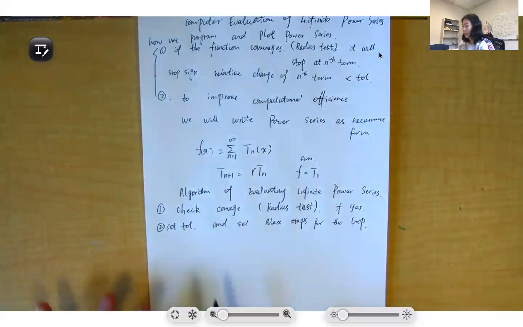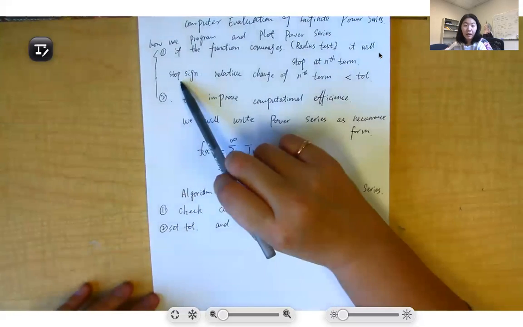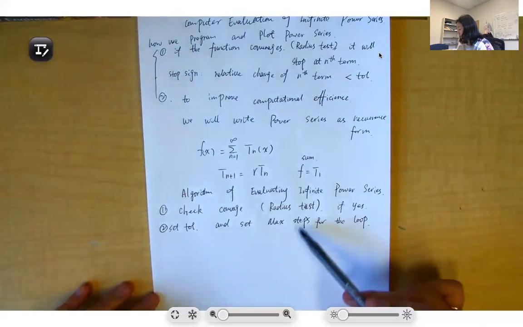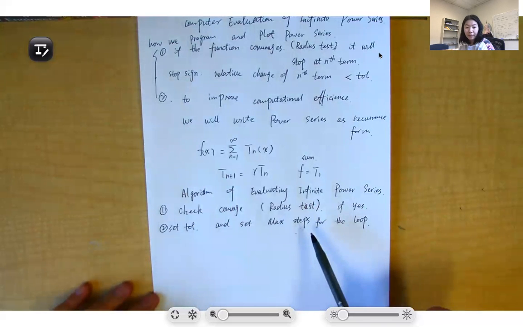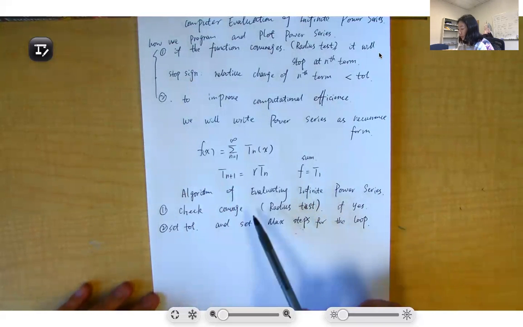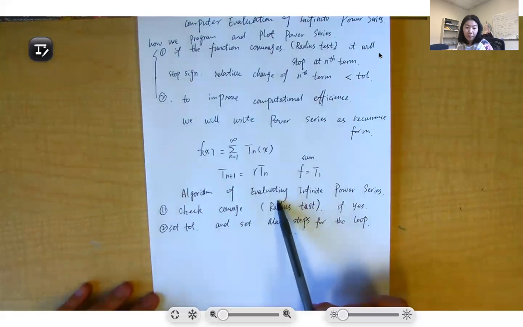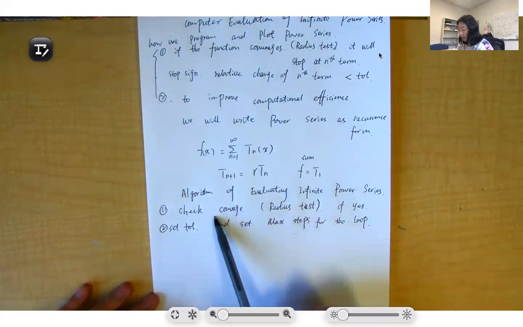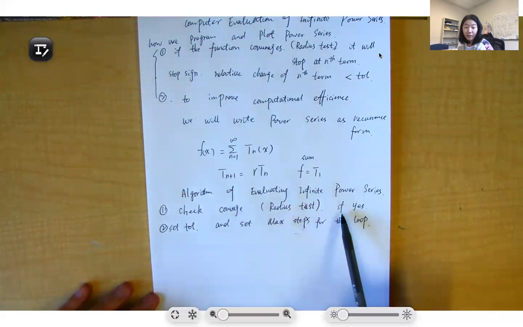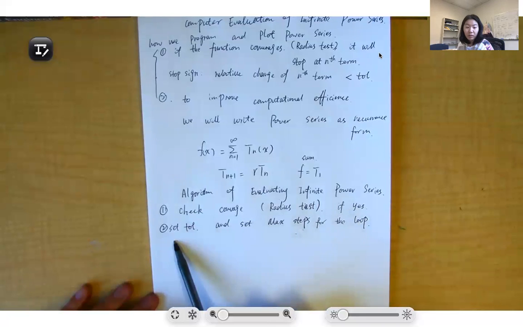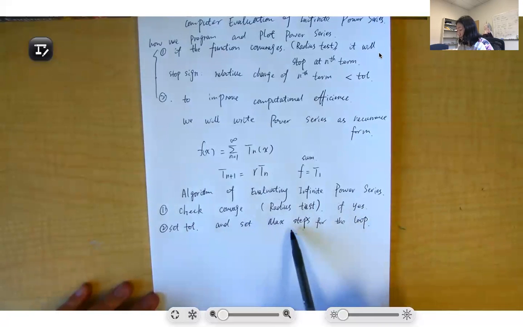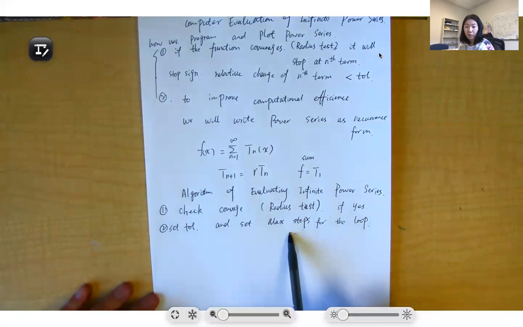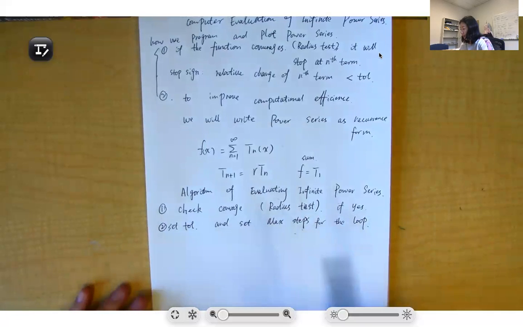We set the tolerance because we want to hit the stop sign later. Why do we set the maximum step? Just in case the power series couldn't converge. If you checked the convergence and it is correct, then the tolerance will stop the looping. If not, then the maximum steps of your loop will also stop the power series program.